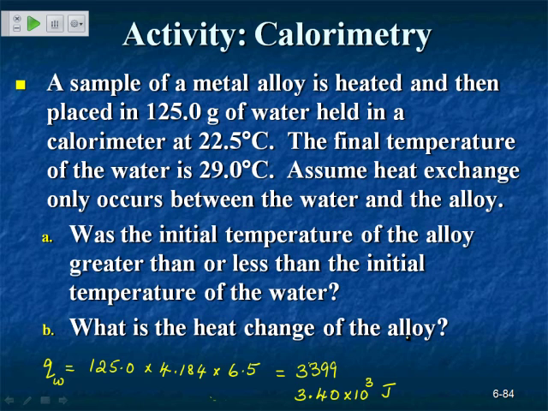So my question is, what is the heat change of the alloy? So what would be the Q of metal? Negative 3.40 times 10 to the power 3 joules. Exothermic or endothermic? Exothermic. The negative sign indicates that it is exothermic.